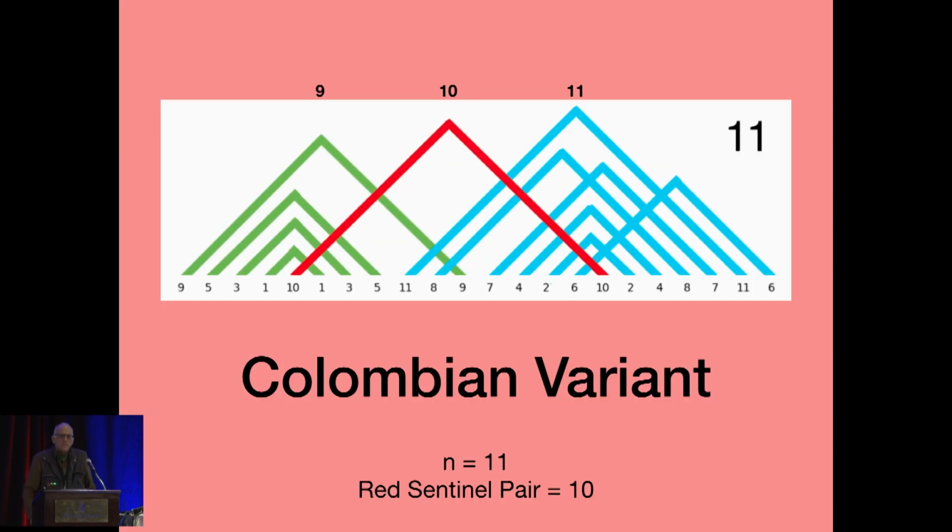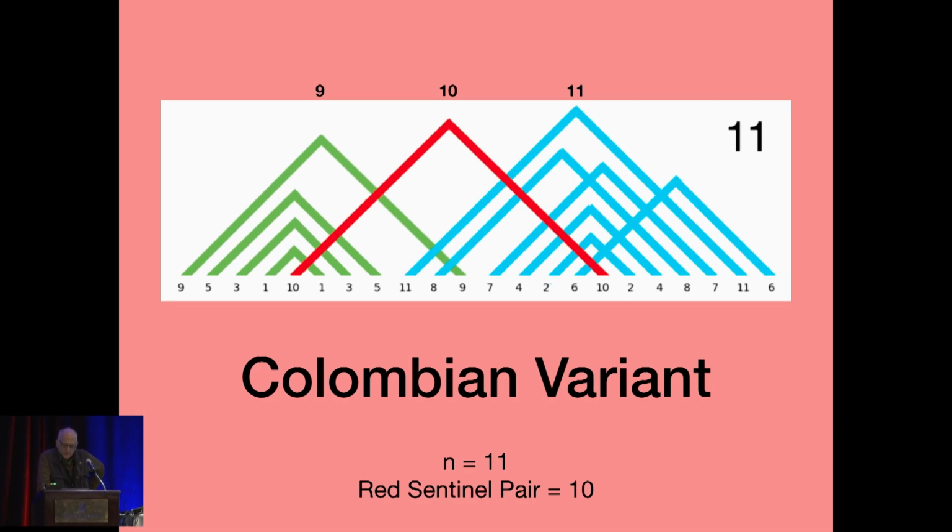The Colombian Variant was cooked up in Bogota by Bernardo and Freddie, G4G guys. Consider this arrangement of 11 pairs. That red sentinel pair allows only one leg of each pair between them.